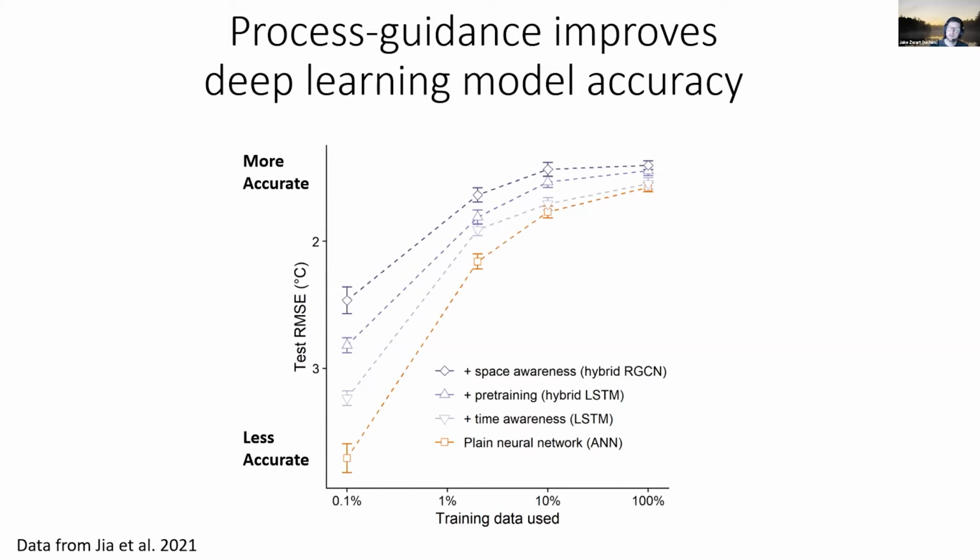And we can see that every time we add some sort of process guidance, whether that is a temporal awareness with the LSTM, pre-training the LSTM on process-based model output, or adding some spatial awareness to the LSTM by including a graph recurrent neural network architecture, we increase the accuracy of this temperature prediction in streams.